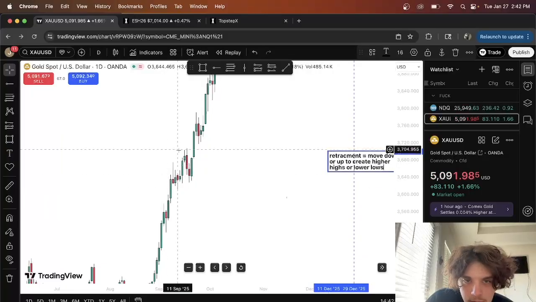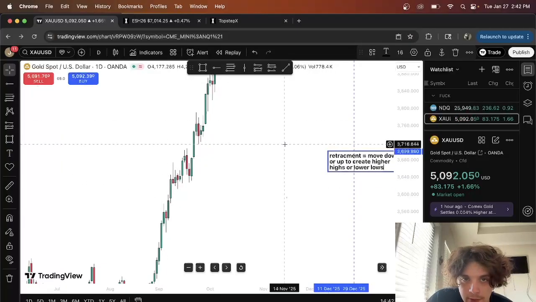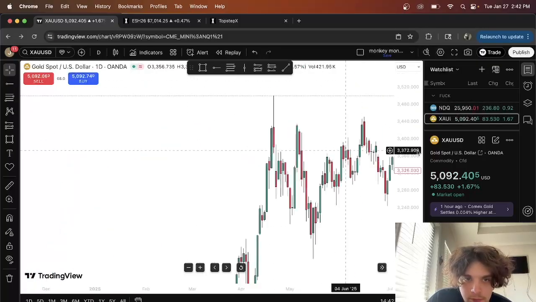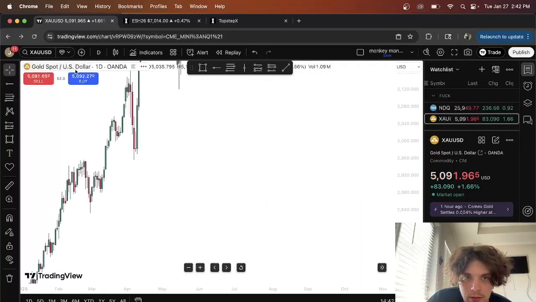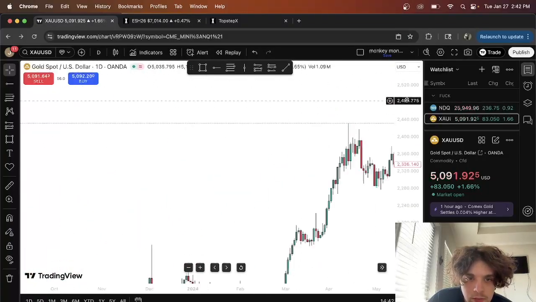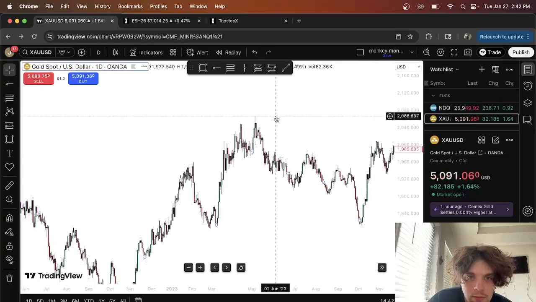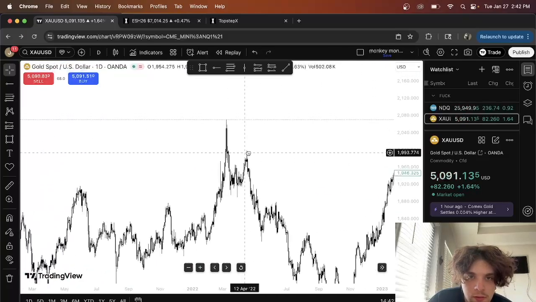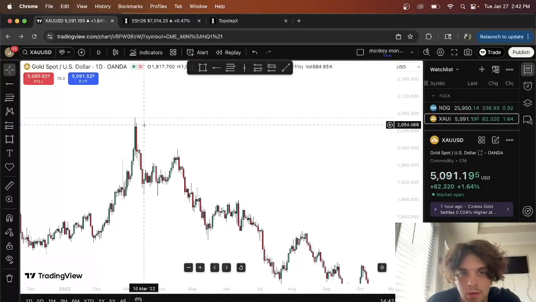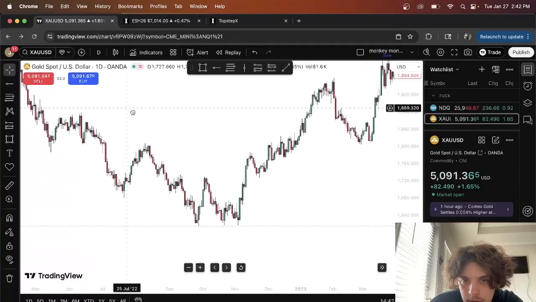What happened? On the daily time frame, we had a little move down, a huge move up after that. Same thing here. Little move down, huge move up. I'm going to try to find a move down like that on gold. This will have to work right here. The highest point of all these shows you that it's still in a downtrend.